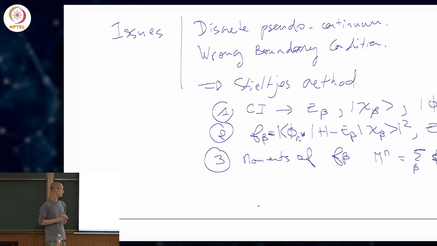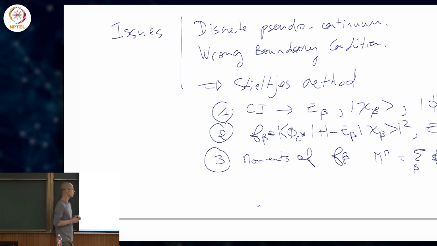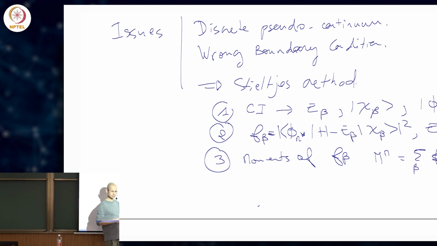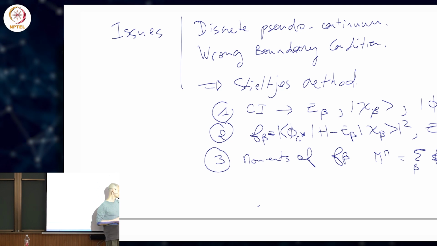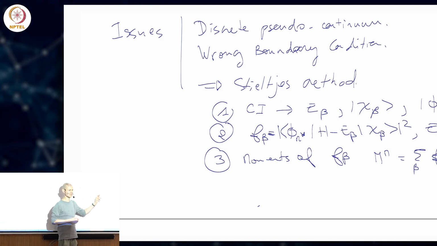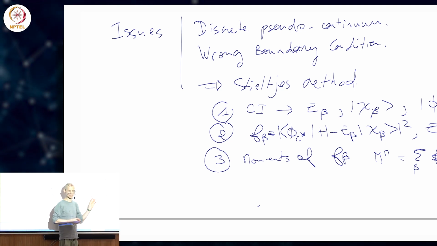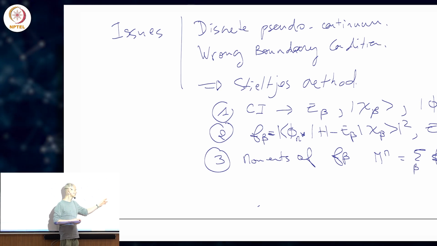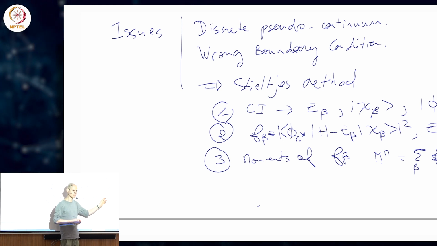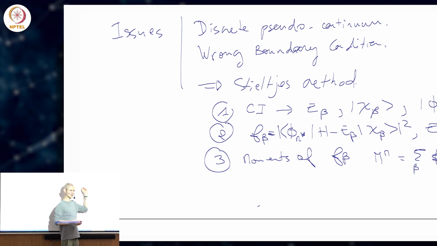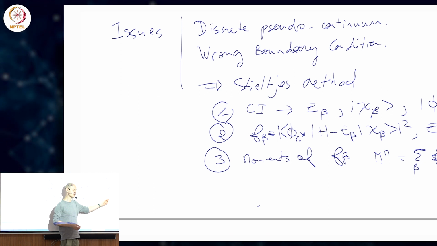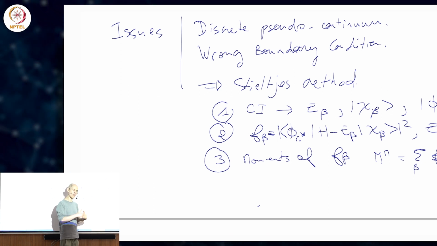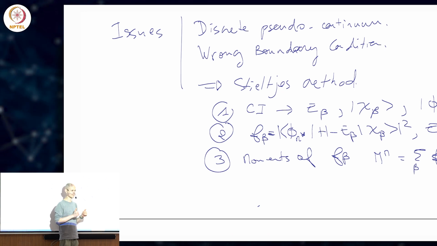Okay? The idea is that these F beta are not correct because they don't have the right boundary condition, but the moments are correct or a good approximation. They are much better described. They are much closer to the exact moment than this term. And now the idea is that we want to go backward. We want to take this moment and guess what is the right moment, the right coupling. Okay?